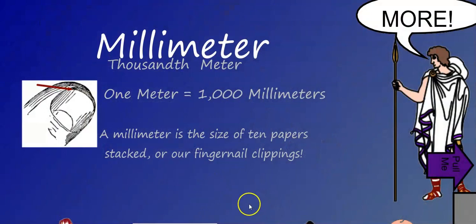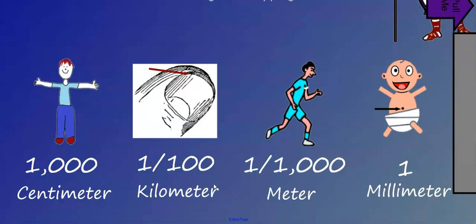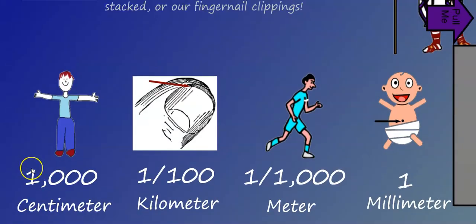They're tiny, tiny, tiny. It's a really thin little mark on your ruler. So a millimeter is the size of 10 paper clips stacked or our fingernail clippings. Gross.